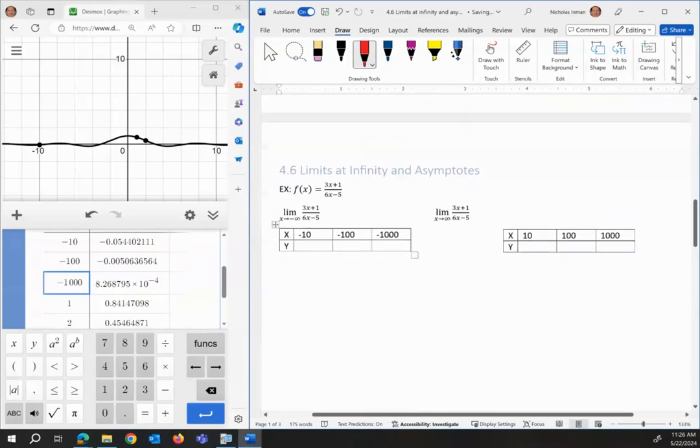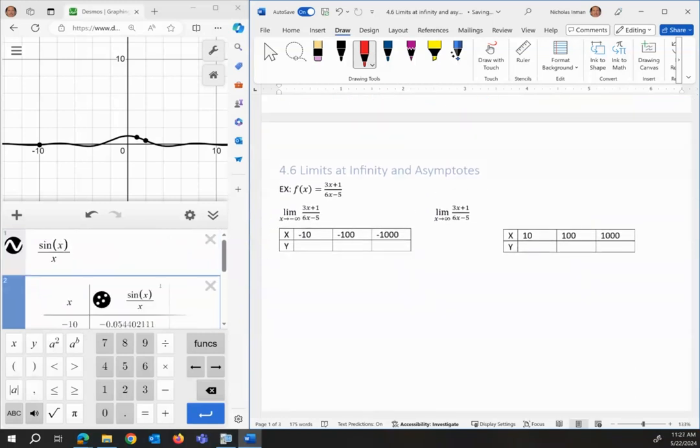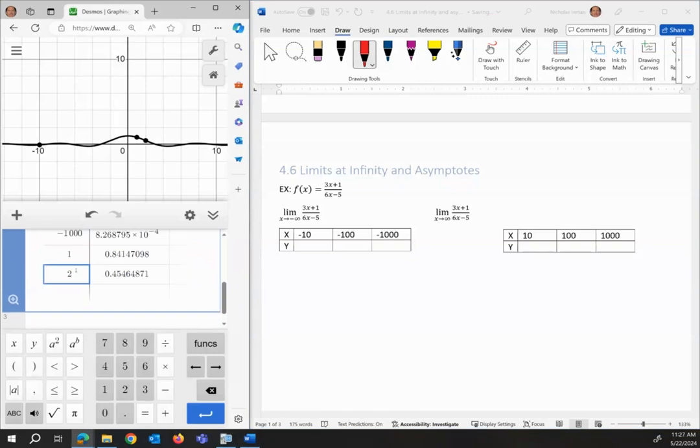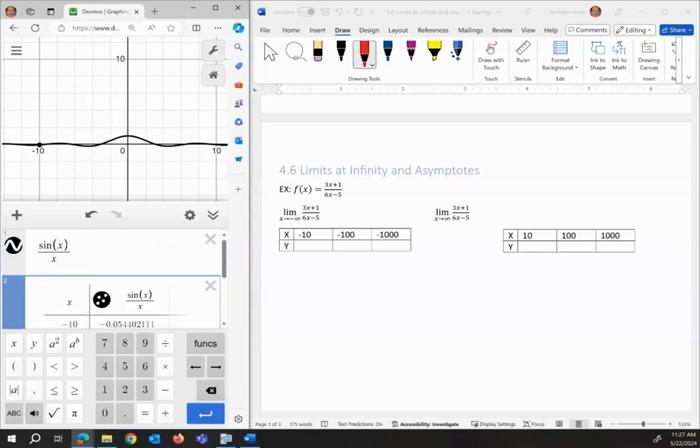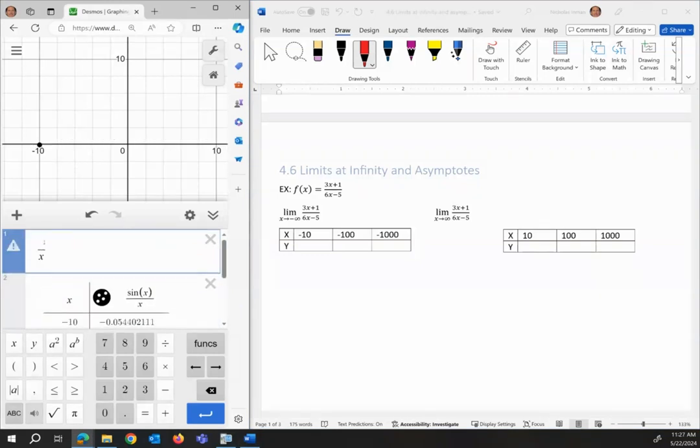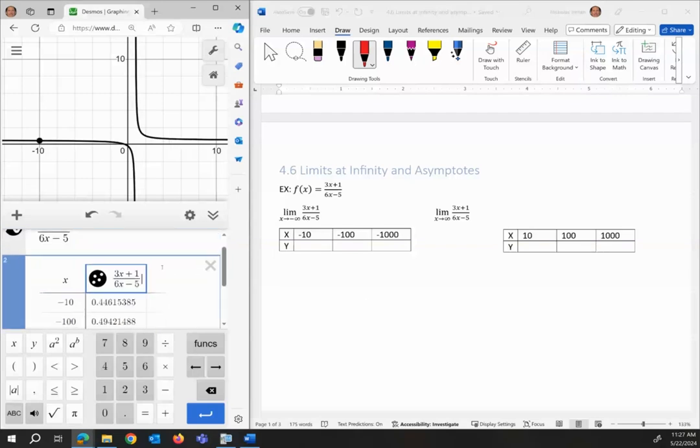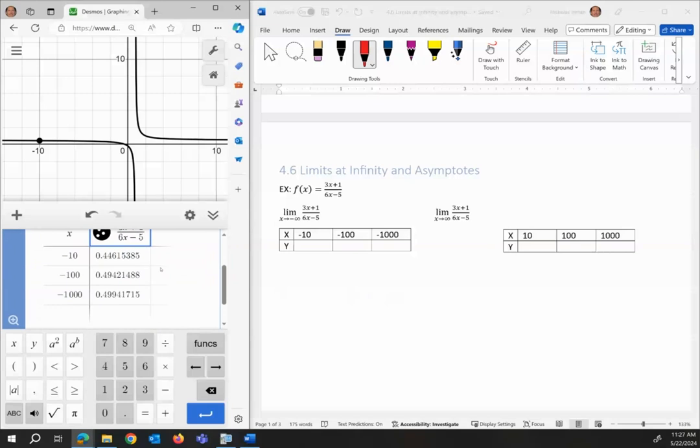For this next expression, on the negative side we got positive 0.44, positive 0.49, 0.499.